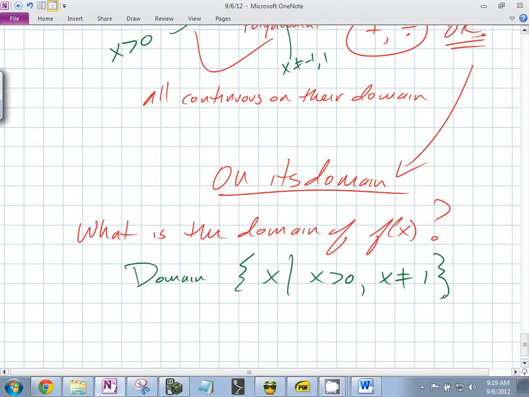We already took care of the negative 1 thing because x is already positive. There it is. So that's the domain. You've glued it together with legal operations with continuous functions. So therefore, this is the domain where f of x is continuous. Does that make sense, everybody? Yay, very good.